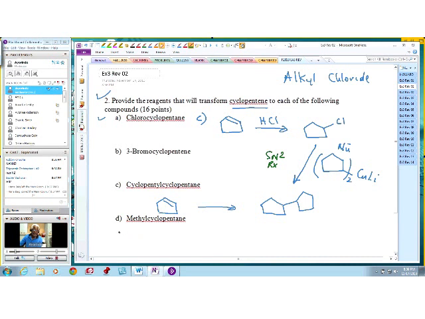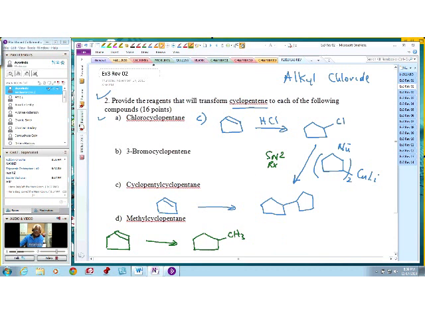Now, about D. Here they also want us to go from here to here. So this is another case of making a new carbon-carbon bond.